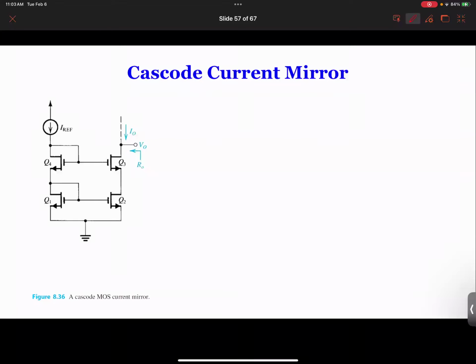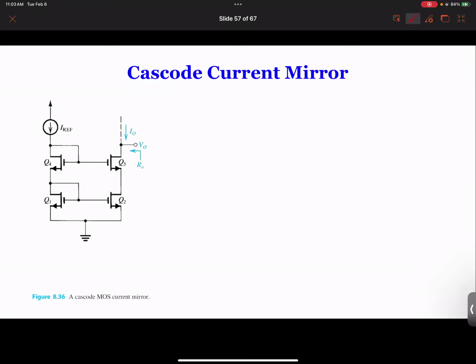Well, without considering the current source, that's equivalent of the other stuff there, but eventually we can get the input and output resistance and also the gain.